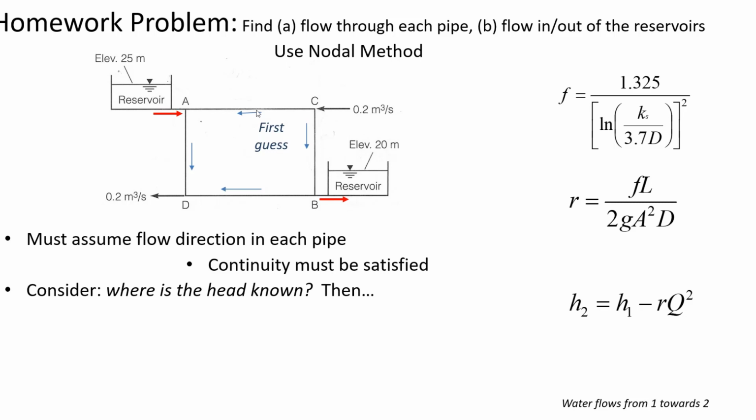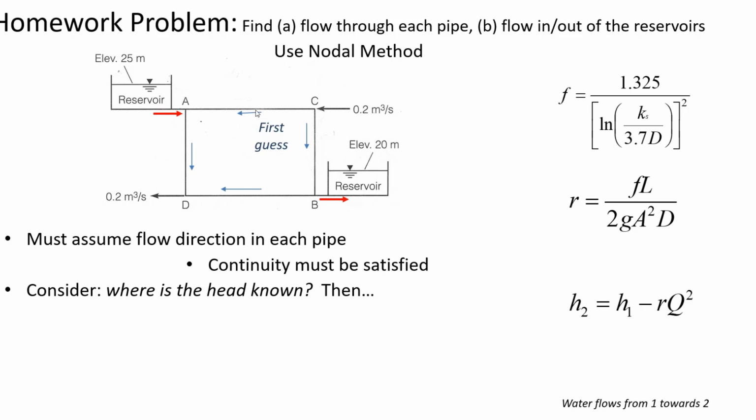Okay? So now we can relate these two equations because they're both saying the head at C is something. Okay, so if I relate those two together, then I'm saying the head at C is equal to the head at C. So the head at A, 25 meters, plus the head loss through pipe AC.